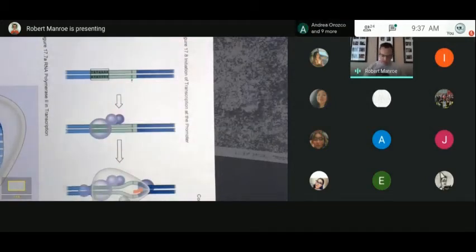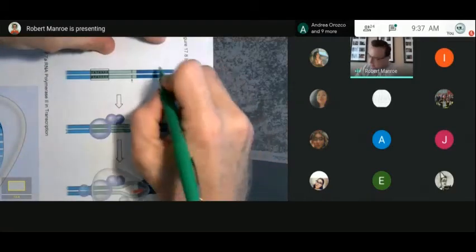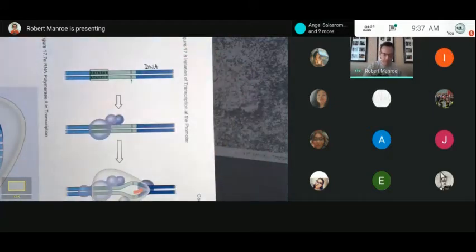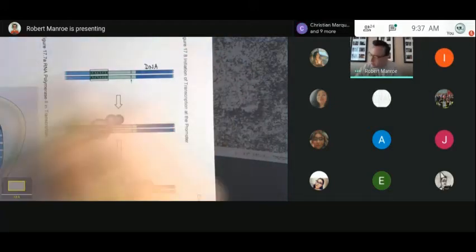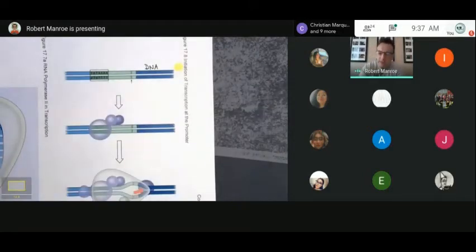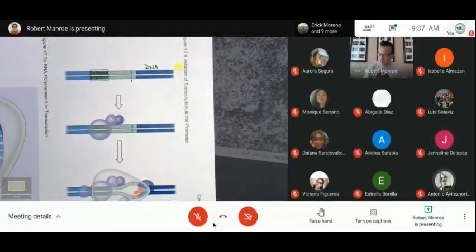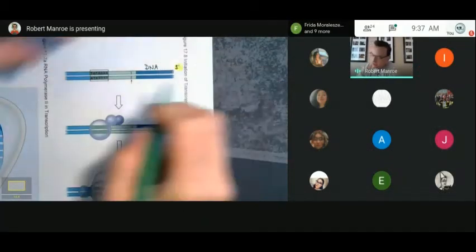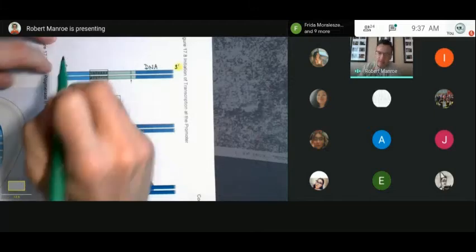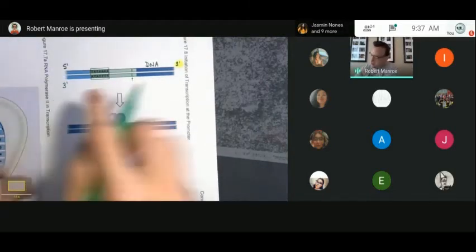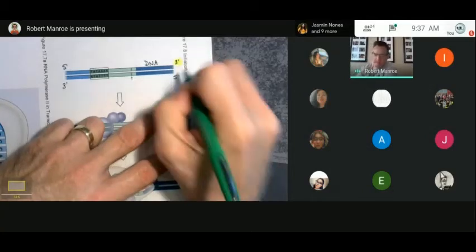And so here is your DNA. Which prime do we always put in the top right? Always 3'. Okay, that's your anchor. So if this is 3, that means this is 5. And if this is 5, that means this is 3. And if this is 3, that means this is 5.